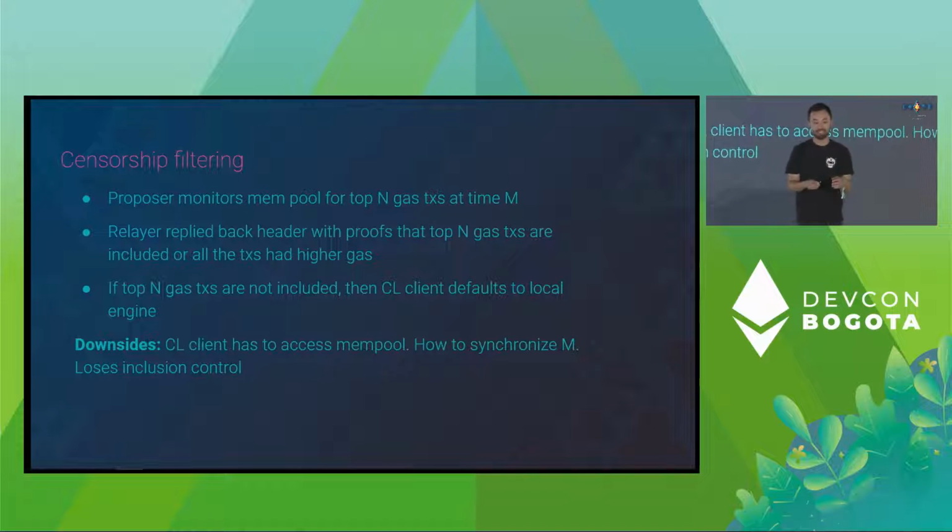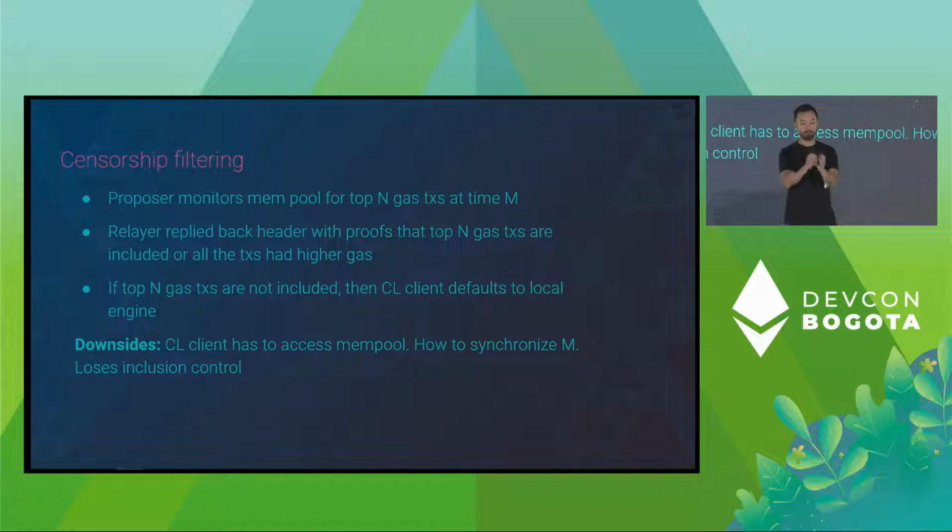And then you can also have a poor man's version of censorship filtering. Basically, the proposer just monitors the mempool for the top N transactions based on gas fee at the given time. And then when the relayer replies, the relayer also has to show a proof that, hey, these top N gas transactions are included, unless the gas is at this price at the given time, right?